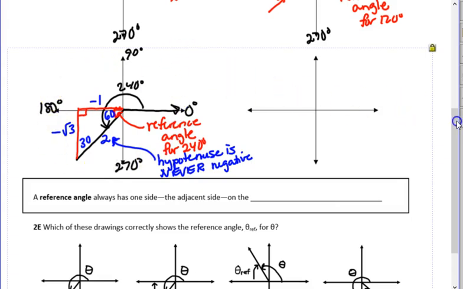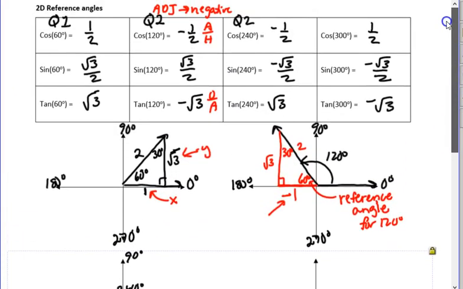So when I go back and look at my two trig values that are negative, notice the opposite and adjacent are both negative. Here, this is adjacent over hypotenuse, which makes cosine negative.